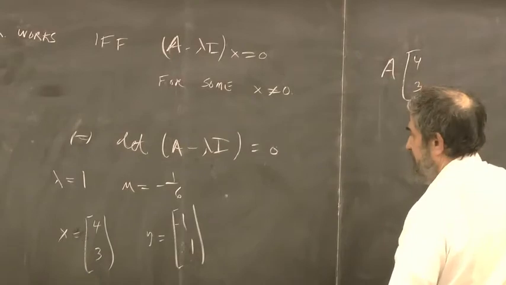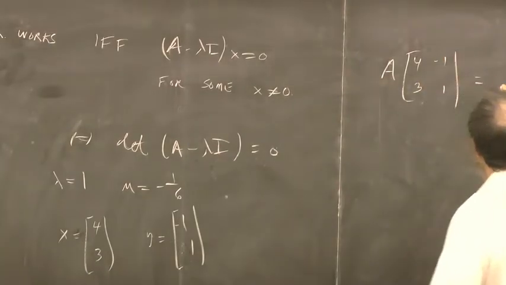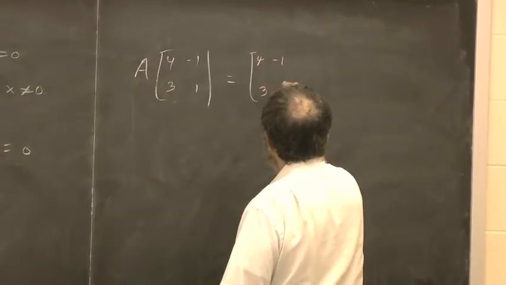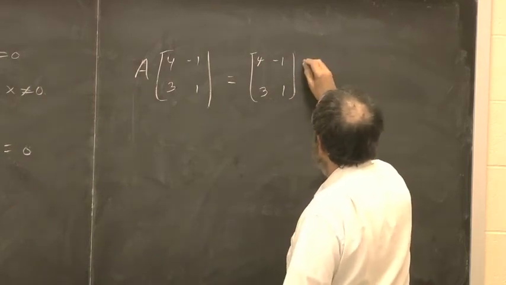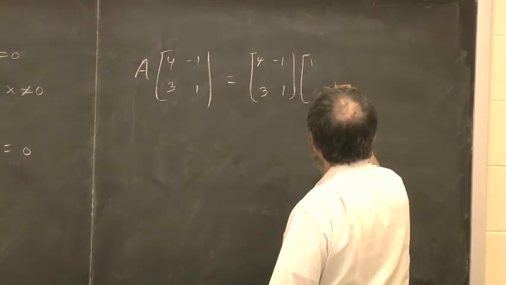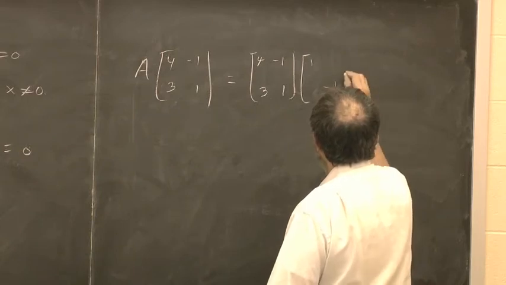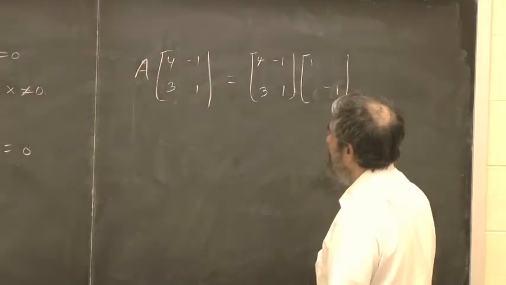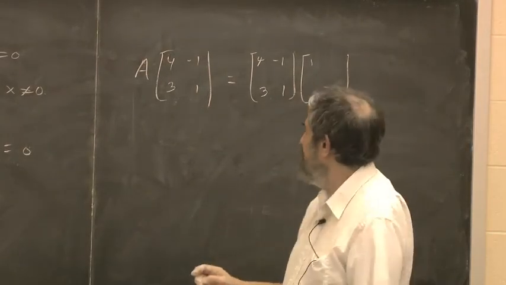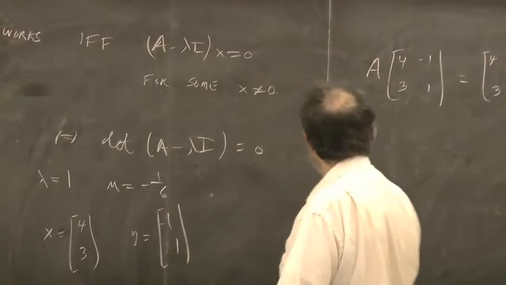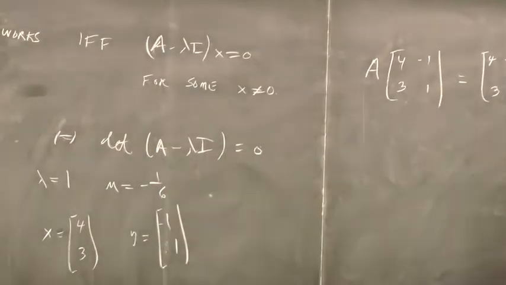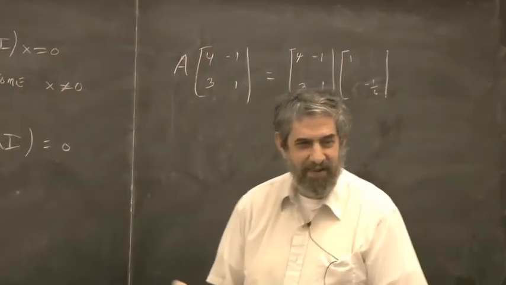That's 4, 3, minus 1, 1, which is equal to the matrix 4, minus 1, 3, 1 times D, which is 1, minus 1/6. Lambda and mu are 1 and minus 1/6. All right, thank you.